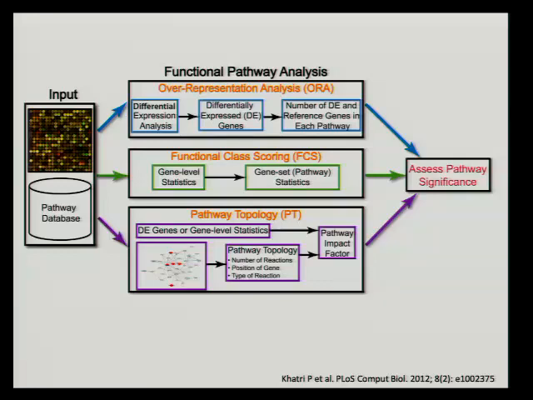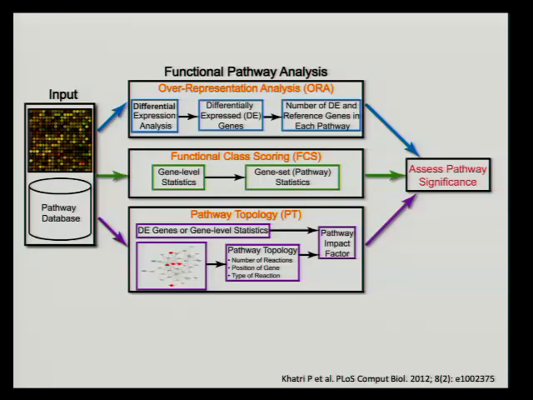But there is still something missing. If you know some pathways, you can see there are a lot of topological structures, something like some genes activating downstream genes, or some genes inhibiting or activating, all this kind of relationship. The first-generation approaches basically don't consider all this very rich information.